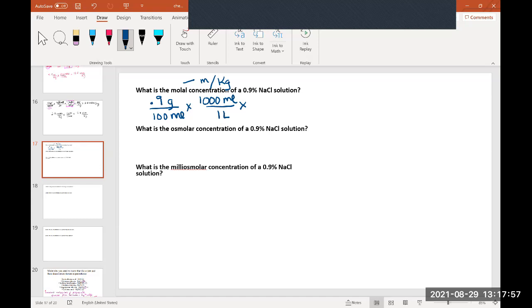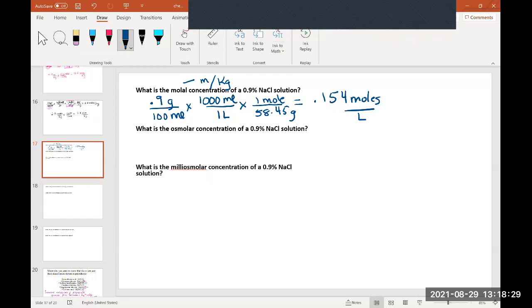Next, let's convert our grams into moles. For every mole, we have 58.45 grams. Again, molecular weight, that's my job to give that to you on your exam. So when I calculate that, I'm going to get 0.154 moles per liter of solution.